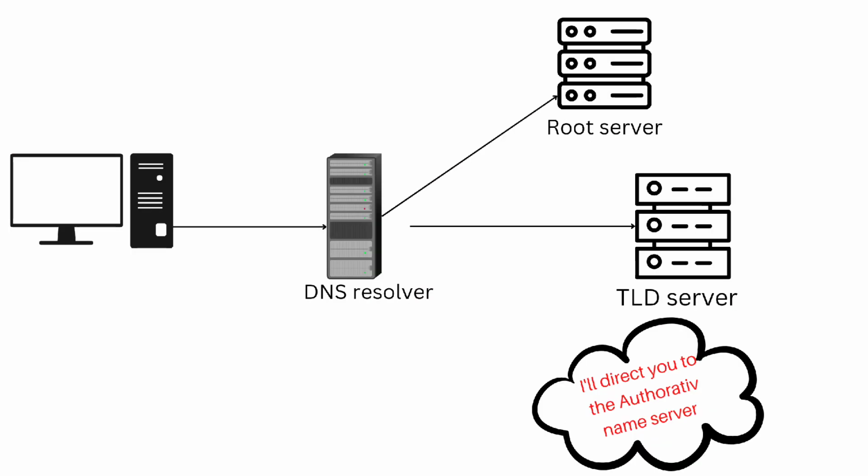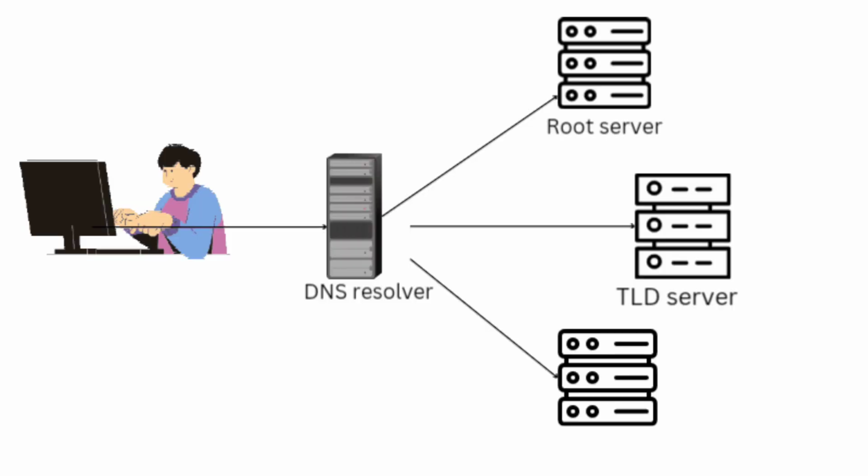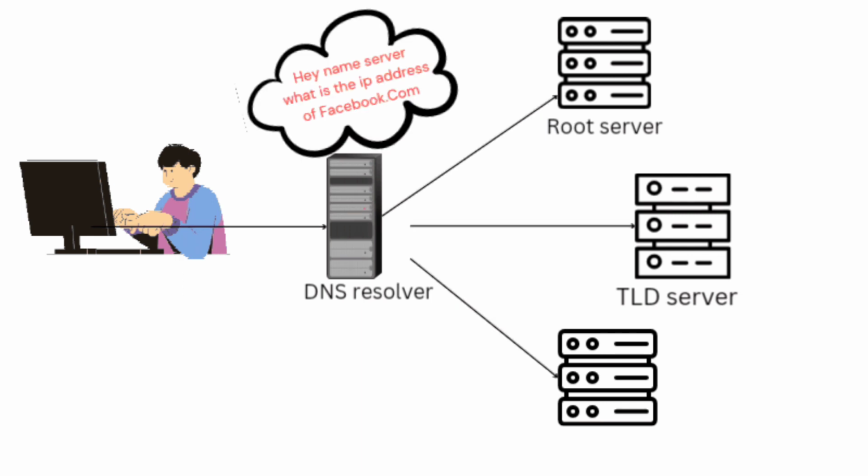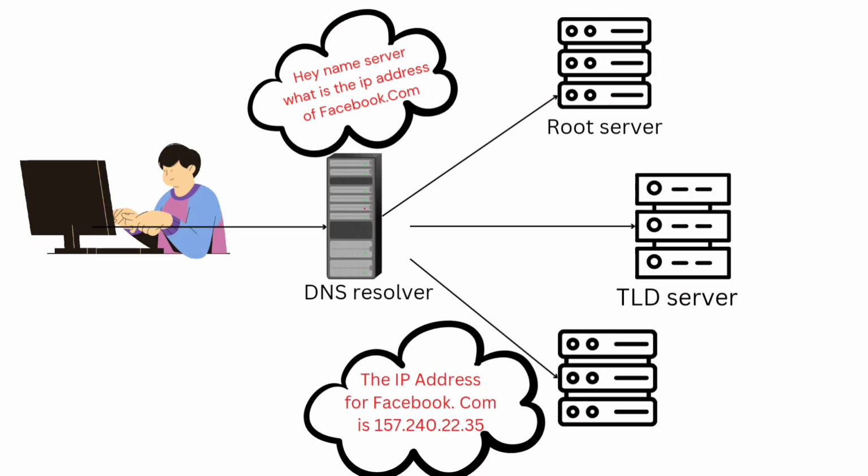So the TLD will direct the resolver to the next and final level, which is the authoritative name server. So once again, the resolver will now ask the authoritative name server for the IP address for facebook.com. The authoritative name server is responsible for knowing everything about the domain, which includes the IP address.